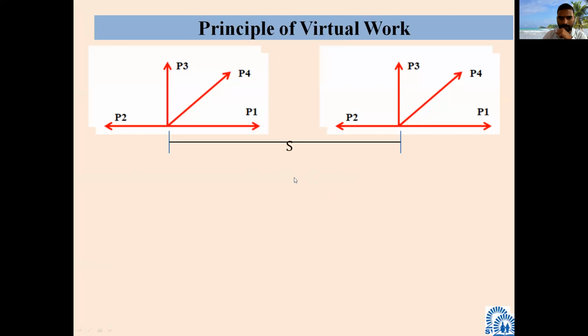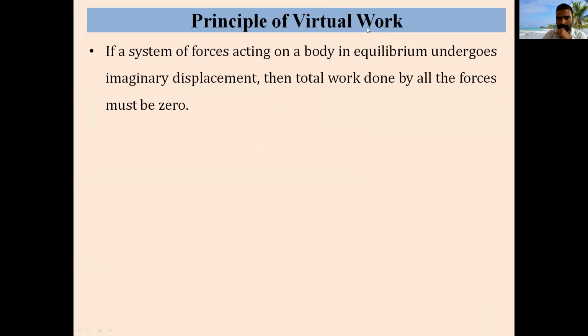Yes sir. Okay, so it is given here: principle of virtual work means whenever you consider a body, if this body is acted on by different types of forces, a system of forces, and the body is in equilibrium, then it has undergone some imaginary displacement. I cannot measure it. It is virtual.